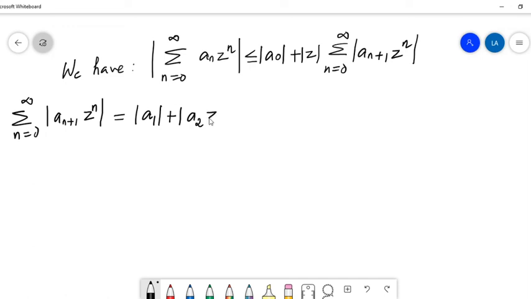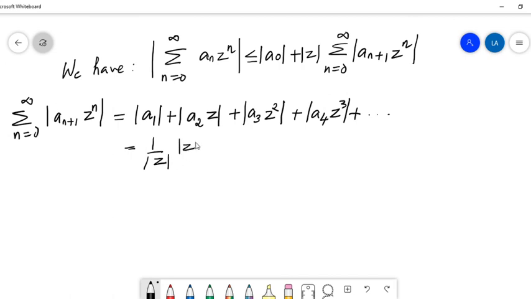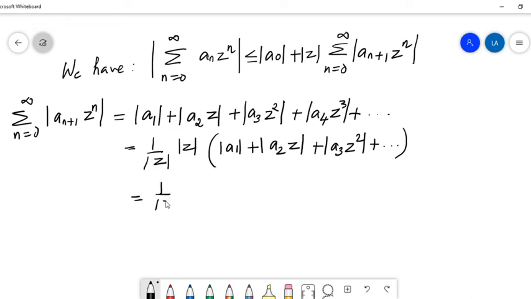This is equal to modulus of a_1 plus modulus of a_2 into z plus modulus of a_3 into z square plus modulus of a_4 into z raised to 3 plus etc. And just dividing and multiplying by mod z, the same terms, modulus of a_1 plus modulus of a_2 z plus modulus of a_3 z square plus etc.